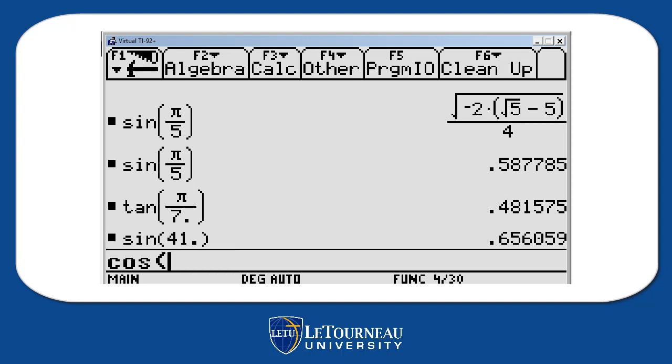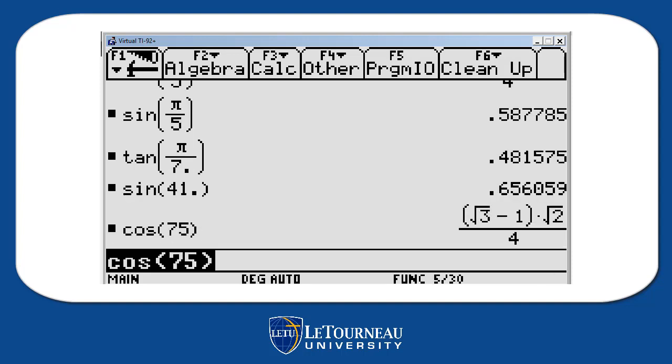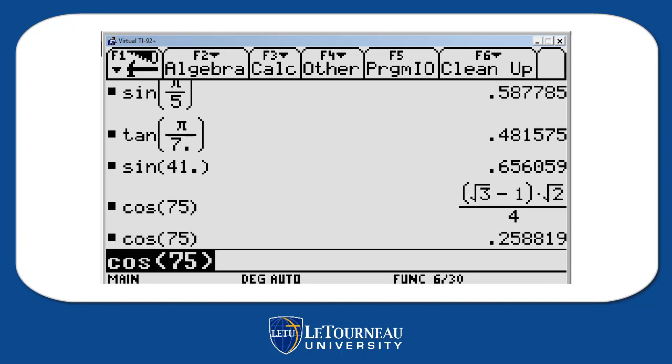Let's do a cosine here, just to get used to it. Cosine of 75. Whoops, I forgot my decimal point, so look at that interesting number. That's not a very meaningful number, so I hit diamond enter, and I get good old 0.258819. Nicer number to try to work with, as we can see.